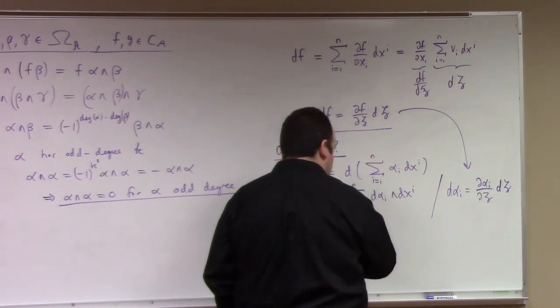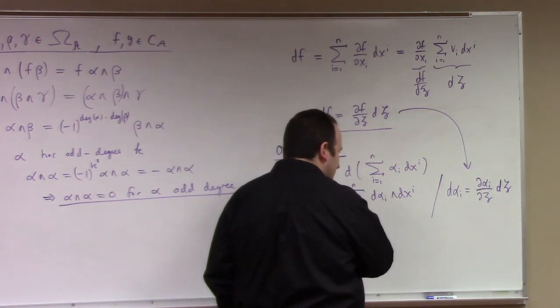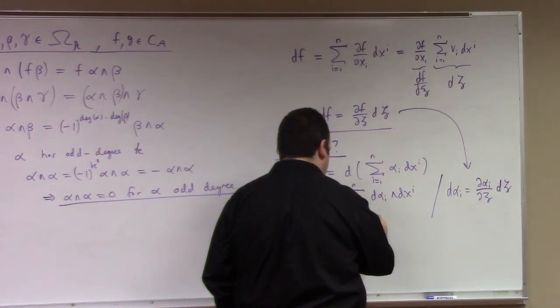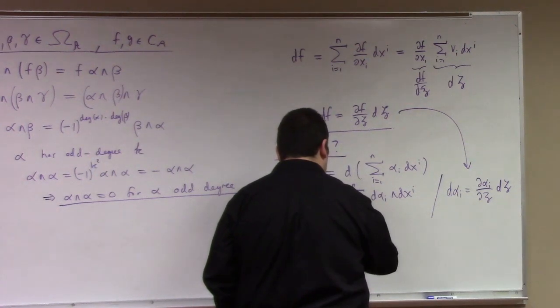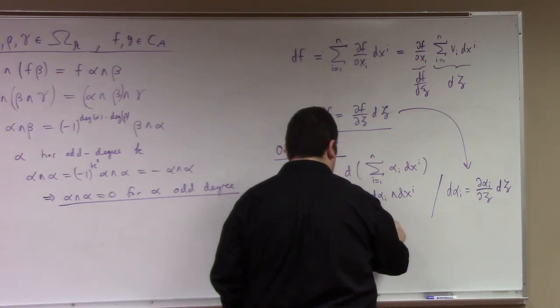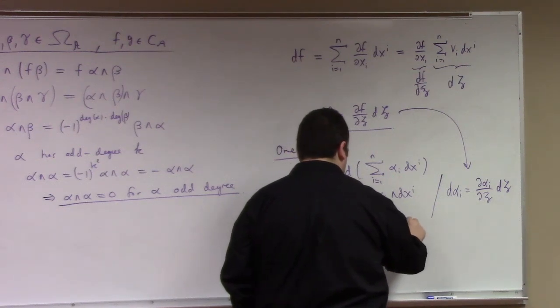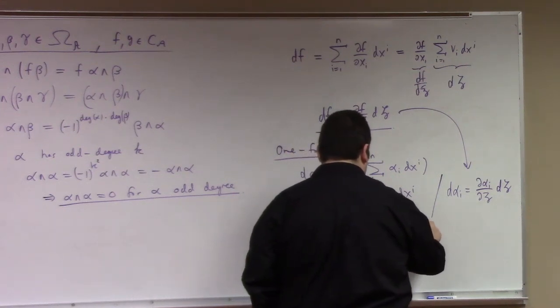And so that's going to give me the sum over i of partial alpha_i, partial zeta, d zeta, wedge dx_i.